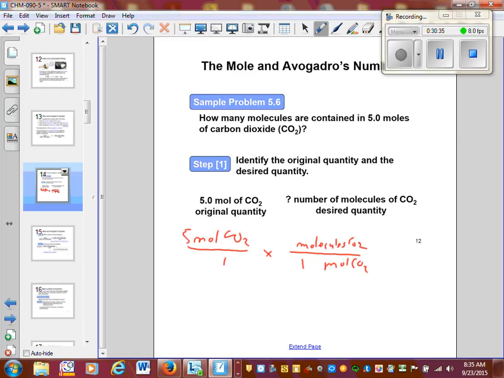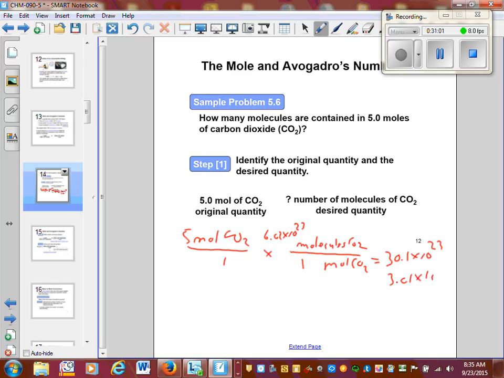So I'm going to take the 5 and multiply it by the 6.02 times 10 to the 23rd. 30.1 times 10 to the 23rd, which is 3.01 times 10 to the 24th. So that's how many molecules you have in 5 moles.